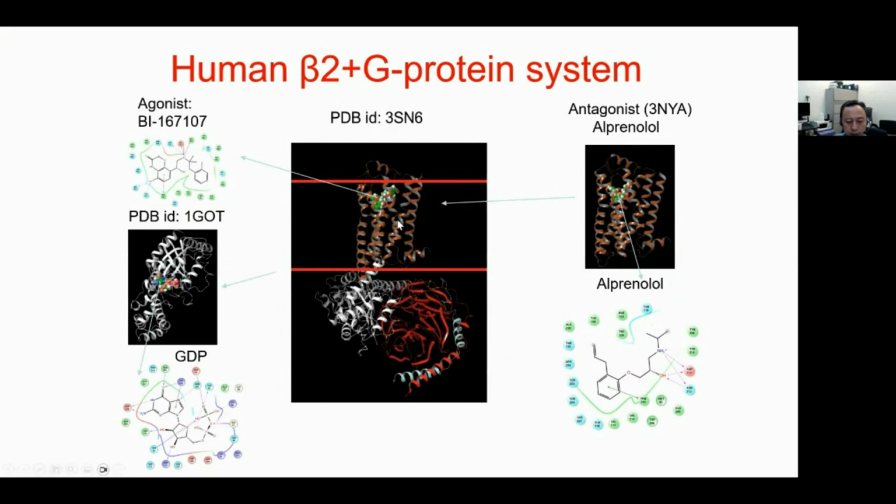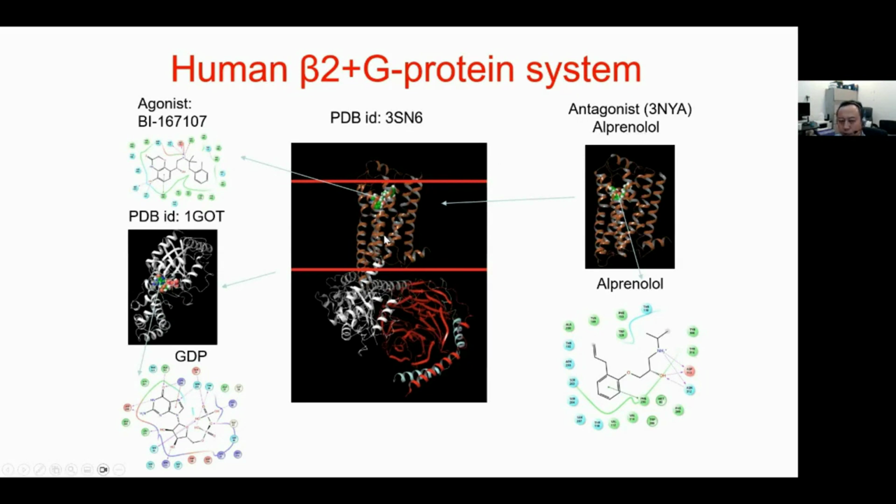So here we try to control the system. We already have the crystal structure of a G protein-coupled receptor with the G protein, and here it has the activator. But amazingly, the receptor responds differently if you have an inactivator, which we call the antagonist.